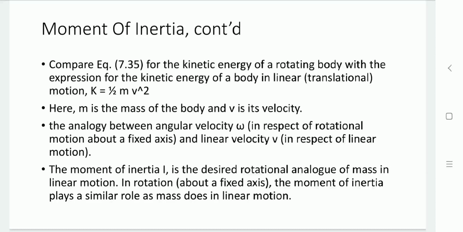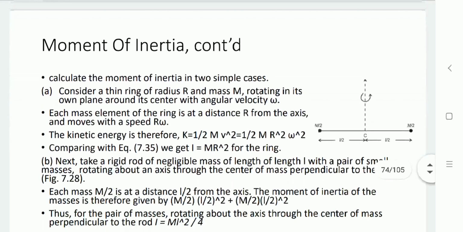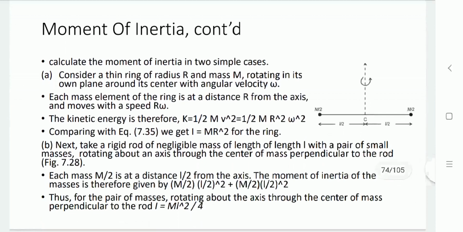So we can say that angular velocity omega corresponds to linear velocity v, and moment of inertia I corresponds to the mass m of the object in linear motion. So in rotation, moment of inertia is similar to the mass in linear motion. So let us calculate the moment of inertia in two cases.